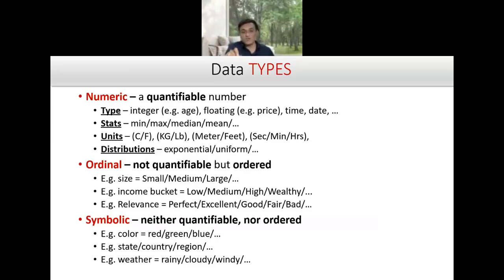Why is this very important to understand? Because if you are purchasing something from the UK, it may be in pounds, maybe 1 pound of potatoes or 1 pound of sugar or 1 pound of salt, but when we purchase in India, it is in terms of kilograms.